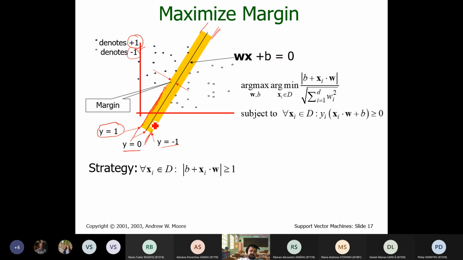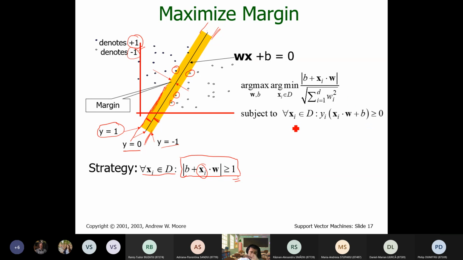So if we set these distances to be +1 here and -1 here, it means that for all the data points from the data set, we will have this rule. The module of the distance, or the distance from that point to the classifier, should be greater or equal to 1. It is equal to 1 if it's a support vector, so it is valid only for a couple of such points, and it's greater than 1 for all the other points.